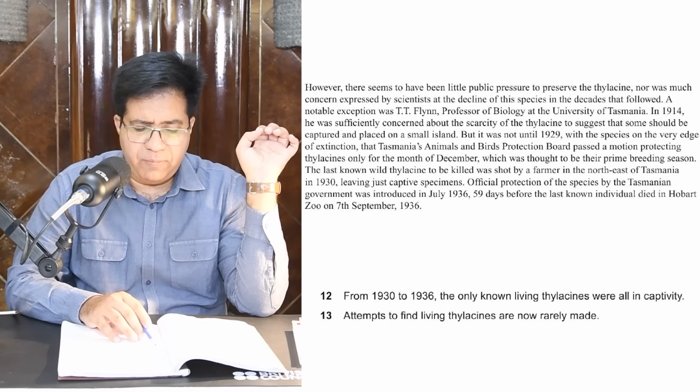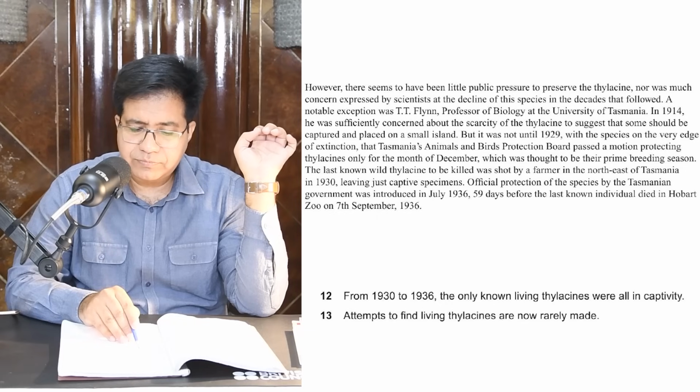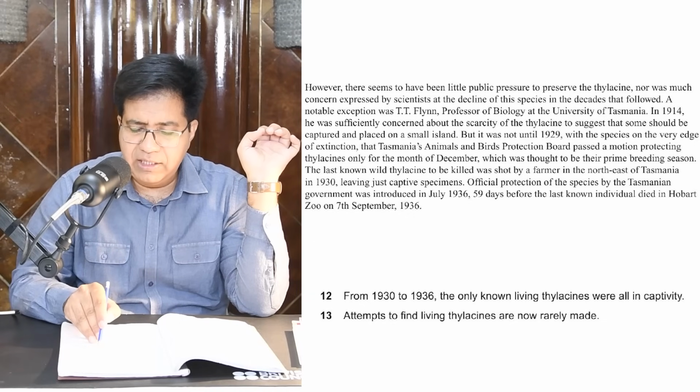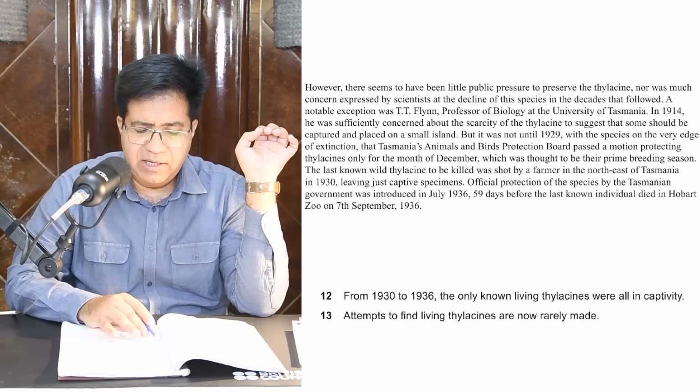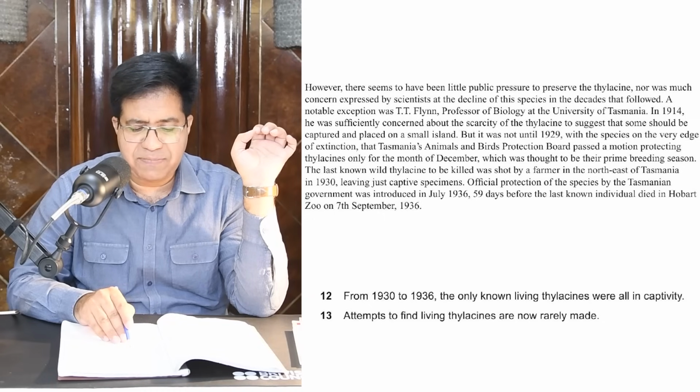Now, let's just read it. I'm reading it from the fourth last line. The last known wild thylacine. Found it? Let's read from here. The last known wild thylacine to be killed was shot by a farmer in the northeast of Tasmania in 1930, leaving just captive specimens.